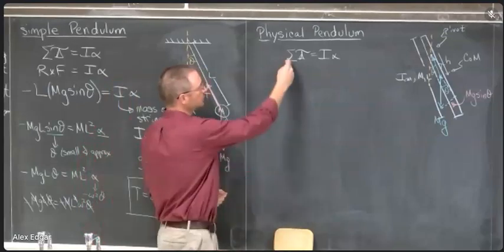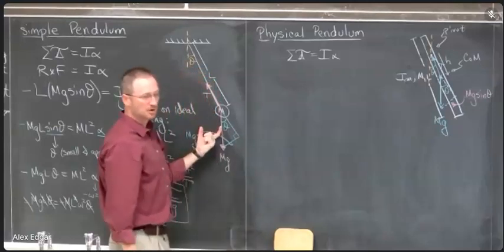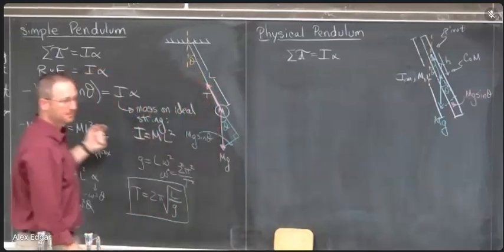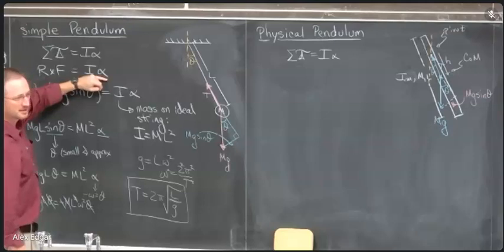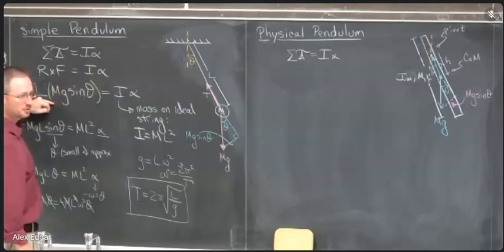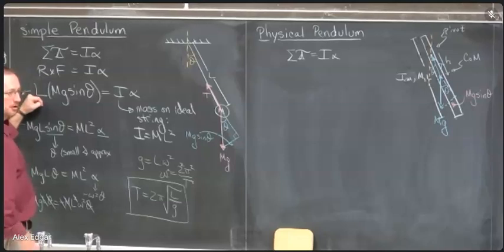And the first couple of steps are exactly the same as they were for the simple pendulum. We have an unbalanced force that's causing a twist and making this thing oscillate. And that unbalanced force is due to the weight that points perpendicular to the displacement of our pivot from the center of mass.